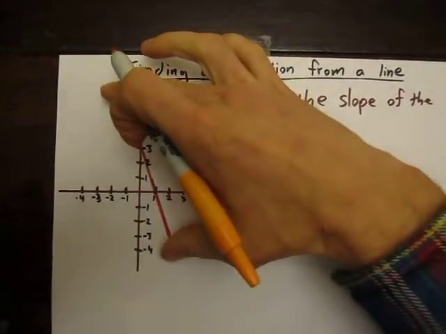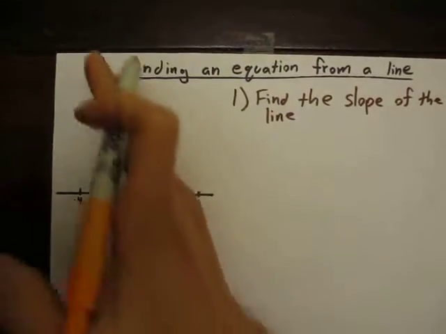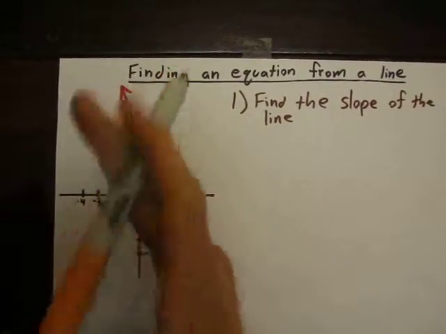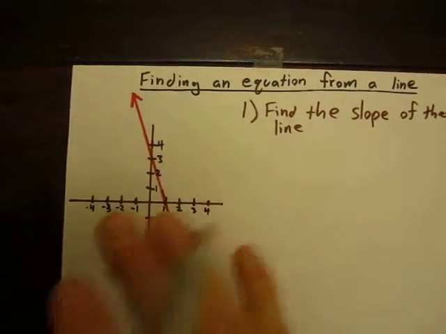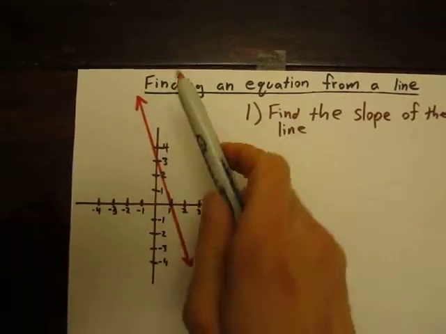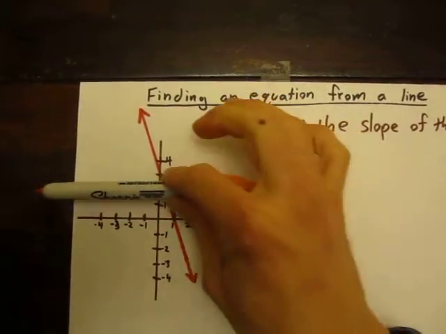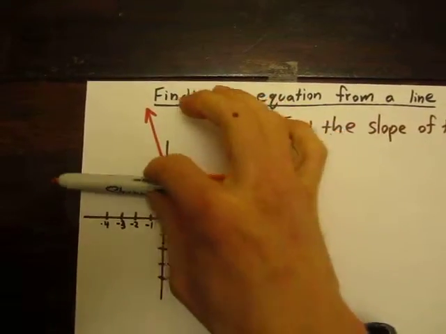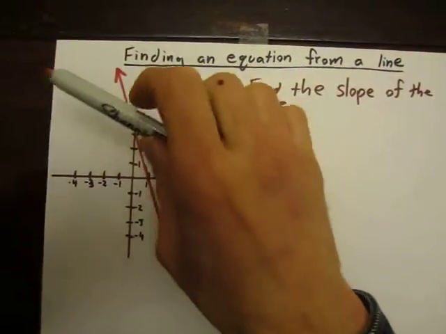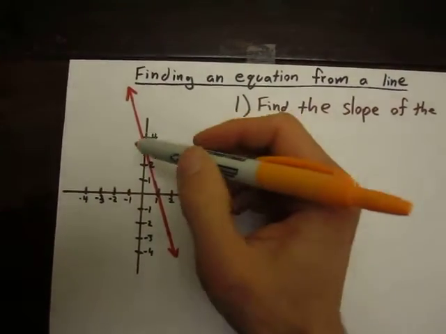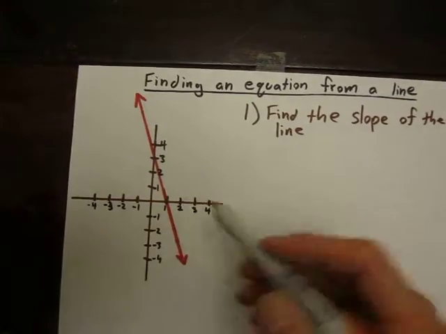So a line that's like this is pretty steep. The closer that line is to being straight up and down or vertical is how steep it is. So if we have a horizontal line, that line has a 0 slope. It's not steep at all. That's what we're talking about when we're talking about slope.